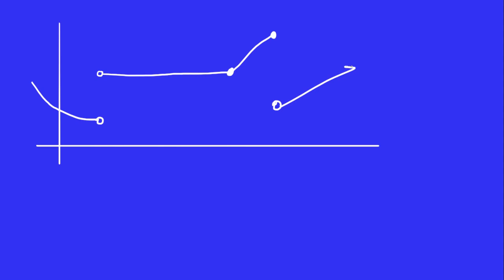All right, so it doesn't really matter. Let me say this is 1. Maybe this is 4, 5. And this is the graph of some function, f of x.